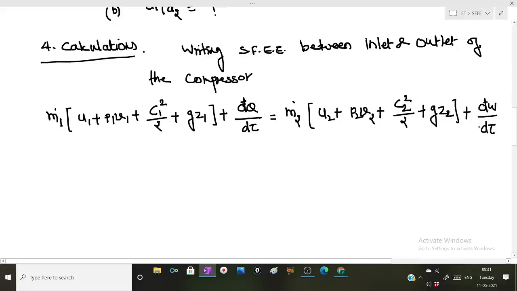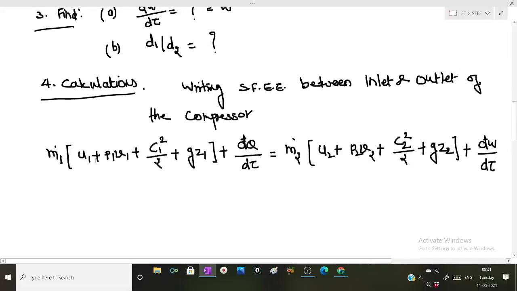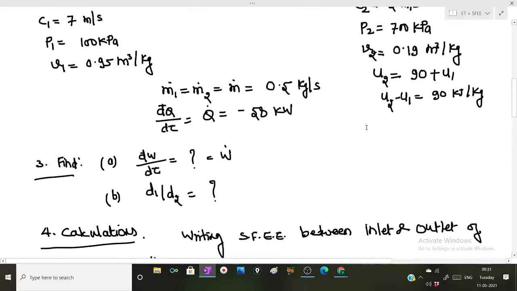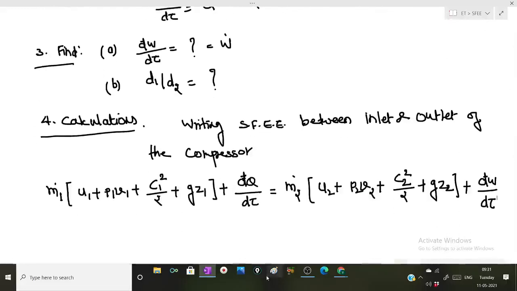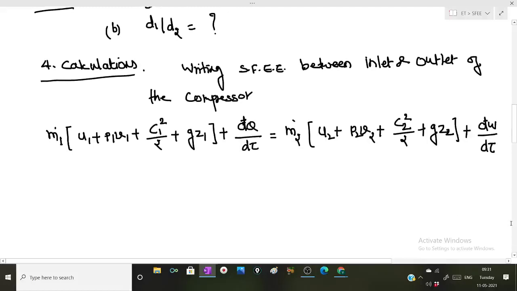So this is the most basic form of steady flow energy equation, and if I compare the values of parameters given at the inlet and outlet side like C1, P1, V1, C2, P2, V2, this form of steady flow energy equation is going to suit our requirement.